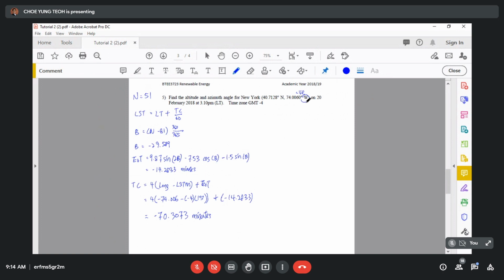So whenever you see the west, then you have to put the negative. Okay. You can see that if you put positive, totally you get a different answer.